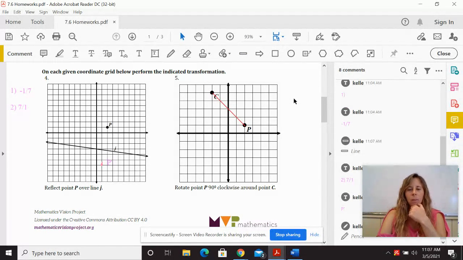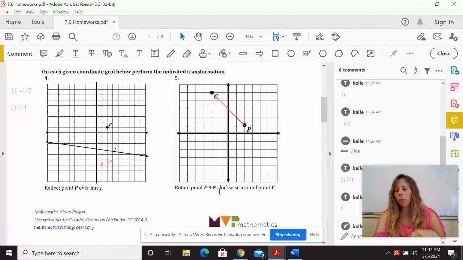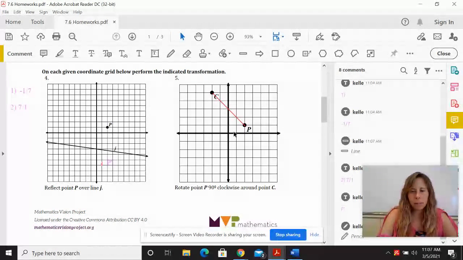Okay. So then 90 degrees rotation. So 90 degrees means I'm going to create another line that is perpendicular to this. We are going to be perpendicular to said line. All right. So I'm going to figure out the slope. It just looks like it's over 1, down 1, over 1, down 1, over 1, down 1.